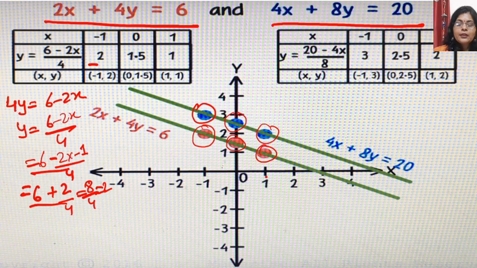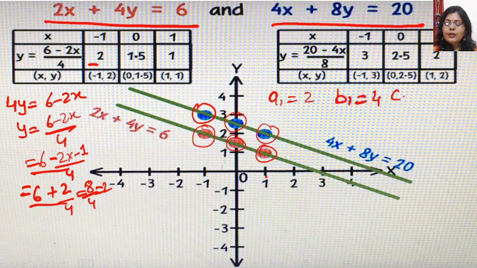Earlier also I have said that this will be a1 x plus b1 y plus c1 equal to 0. So what is the value of a1? 2, b1 is 4, and c1. First we will put the equation in this form: 2x plus 4y minus 6 equal to 0.